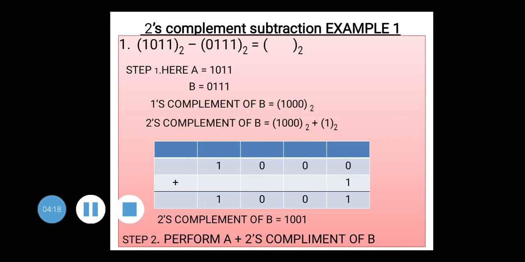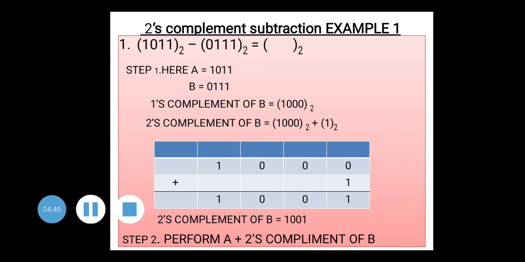So we'll start with example 1. The first number is 1011 minus the second number 0111. The 0111 has the minus sign, so the second number is subtracted from the first. Here A is equal to 1011 and B is equal to 0111.